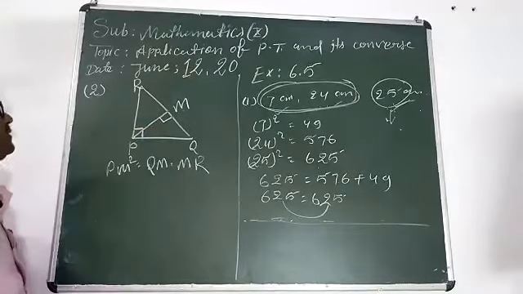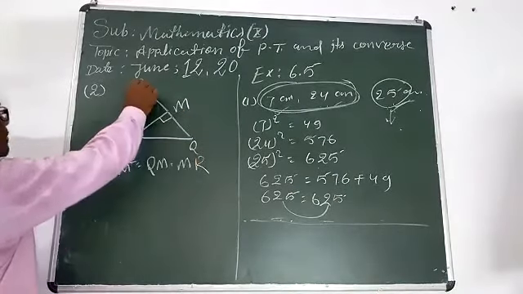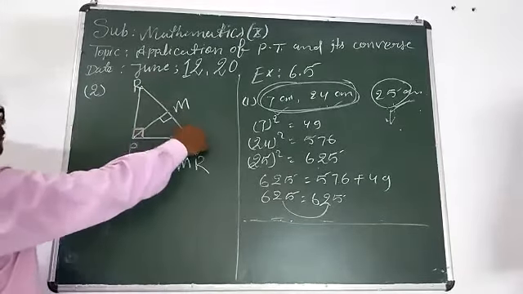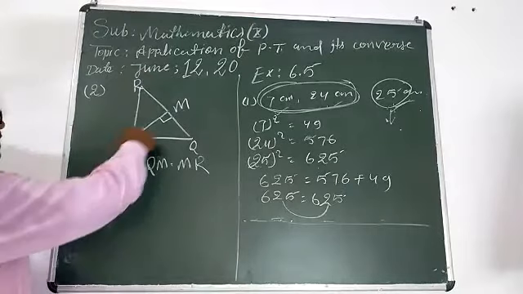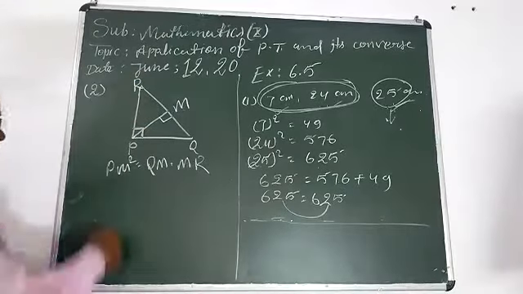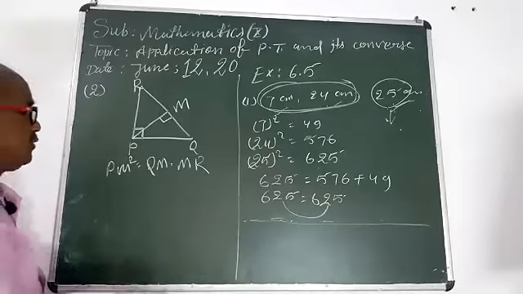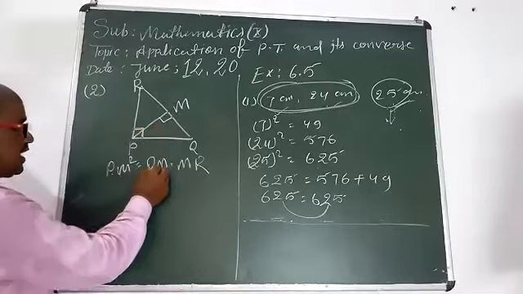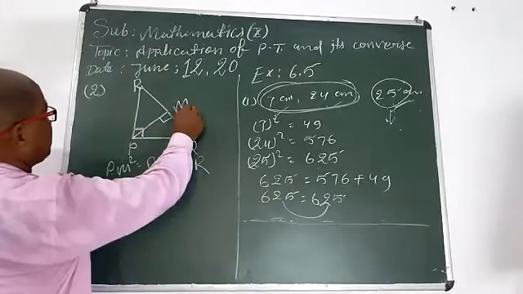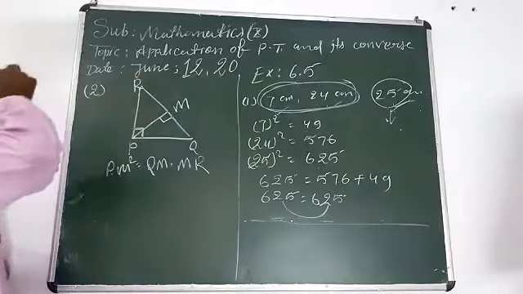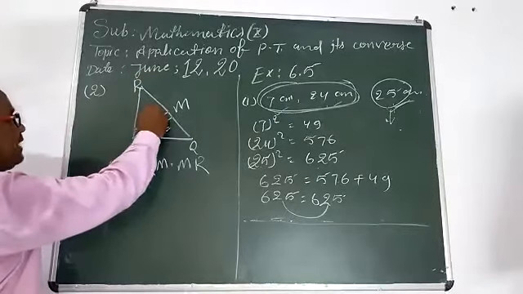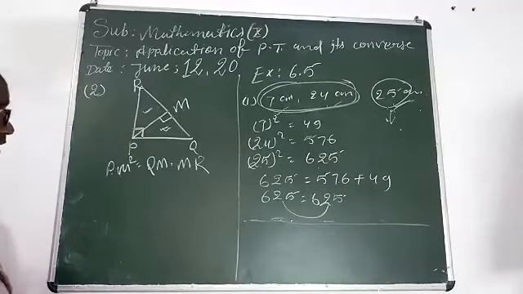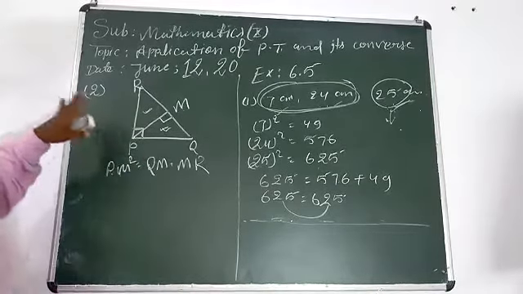Now recall this question. PQR is a right angle triangle, right angle at P. PM is perpendicular to QR, and you want to prove PM square equals QM into MR. This is QM, this is MR. It means these two triangles are similar according to statement 6.7.